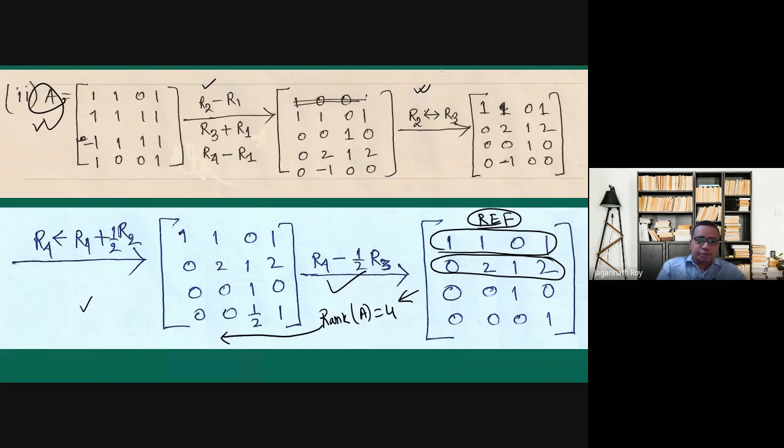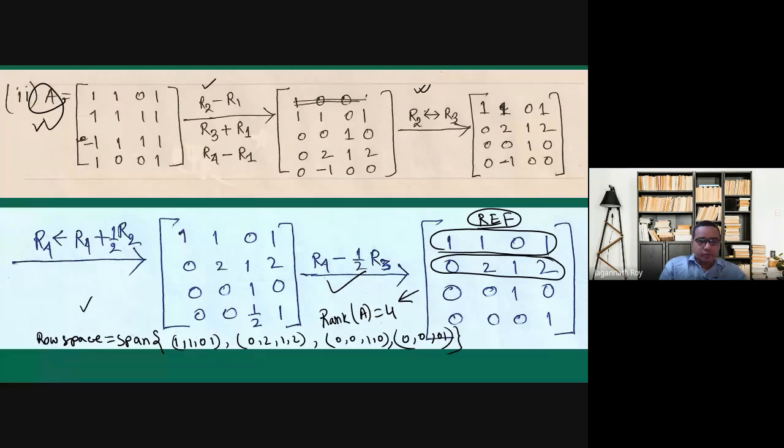The corresponding row space will be the span of these 4 vectors: (1, 1, 0, 1), (0, 2, 1, 2), (0, 0, 1, 0), and (0, 0, 0, 1).